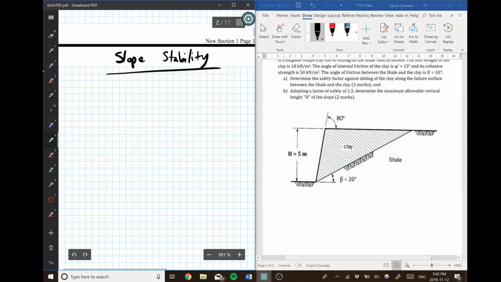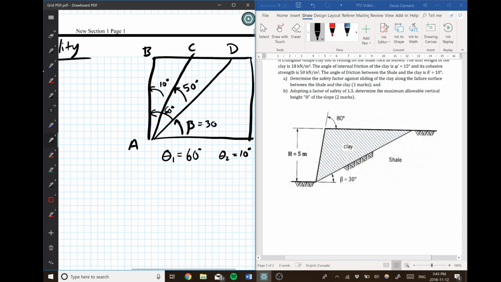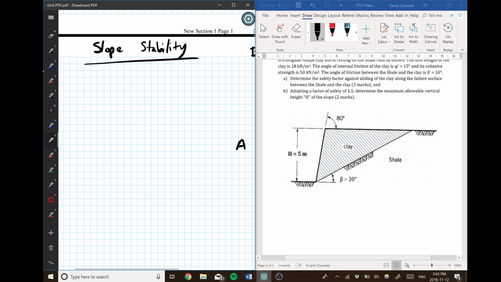In your notes, you'll be able to find an equation for one of these triangular soil diagrams, which has this equation.